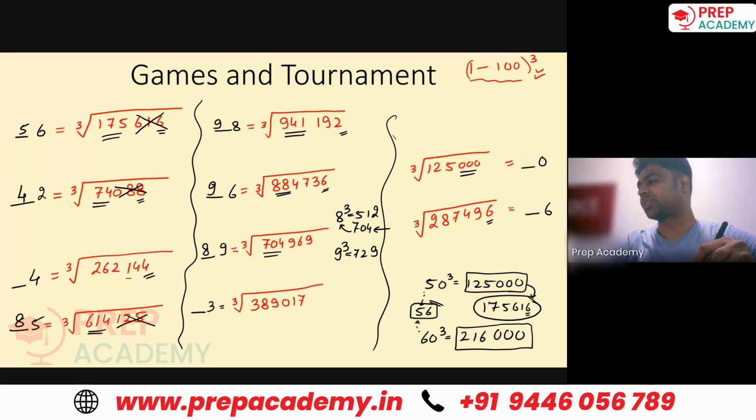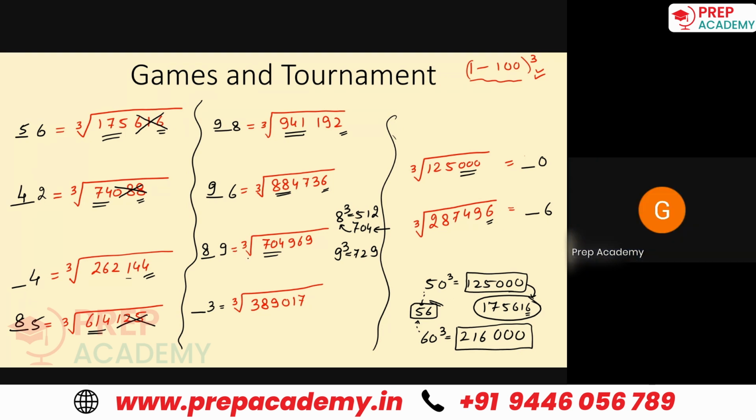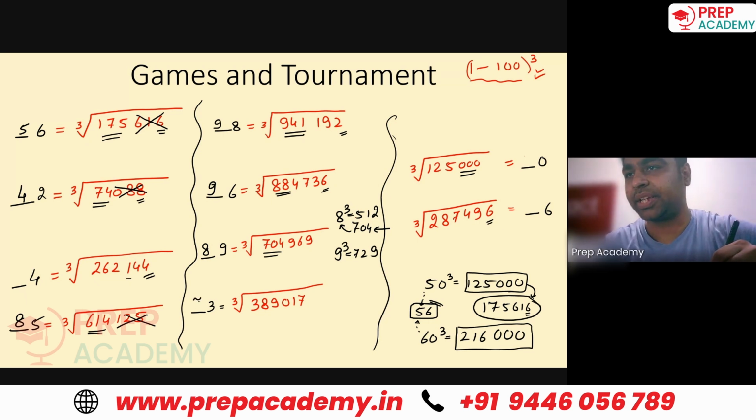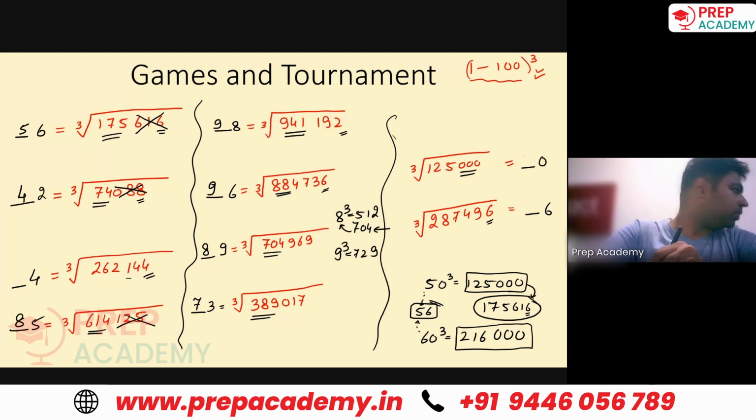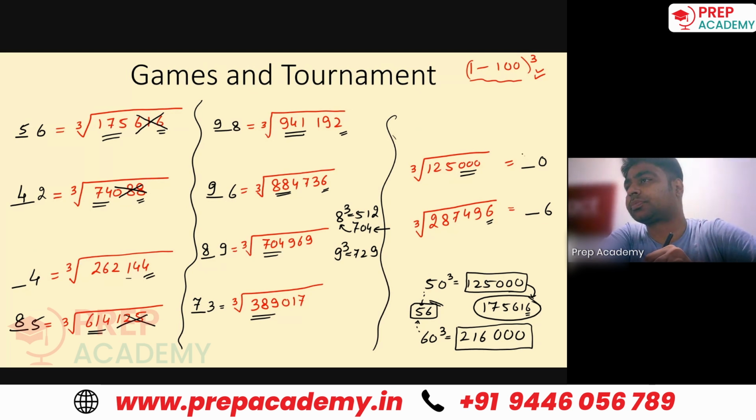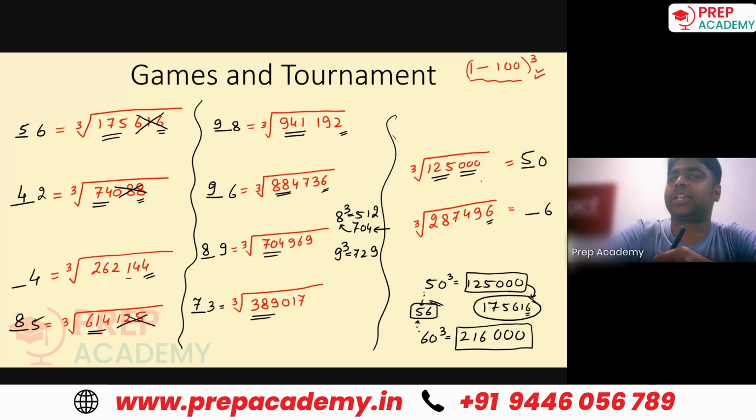The last 3 ones quickly. 73, because 7 cube is 343. So that's why 73. The next one. 50. Very simple, right? The cube root of 125 would be 5.